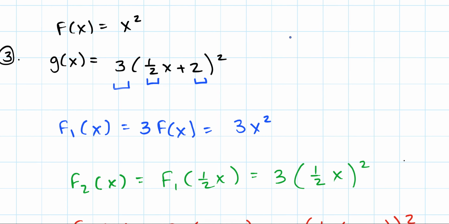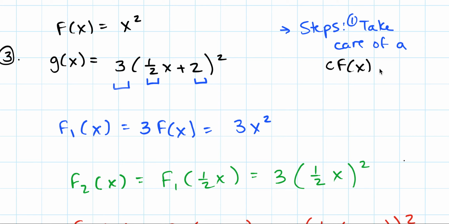So my steps would be: the first thing, take care of a number c times f of x, or negative f of x. Like here I had this 3 on the outside of my function, so I would take care of that first.